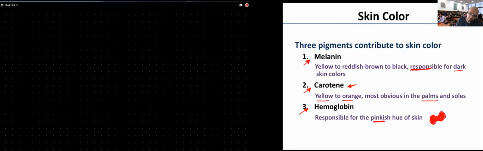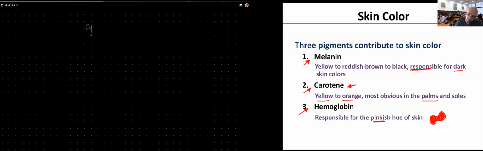Other abnormal skin colors can be like the cyanosis, and this is the bluish discoloration of skin. So I have blue skin. This is due to the accumulation of the dark red colored blood, and the dark red colored blood is a deoxygenated blood.